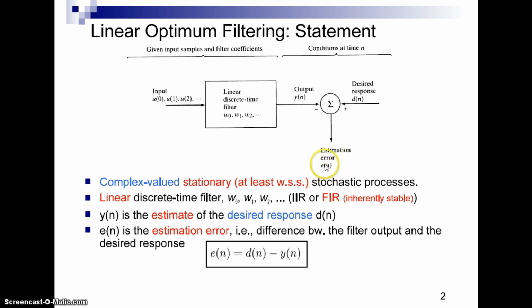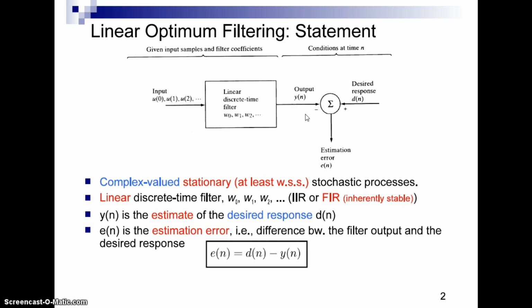Simply, we can write e of n equals d of n minus y of n. The difference between the desired response and the filter output is the error.